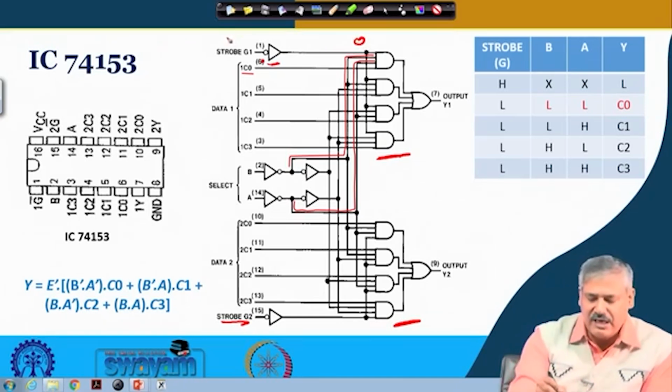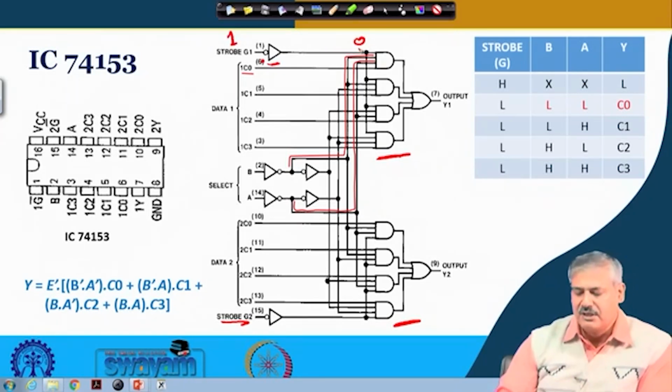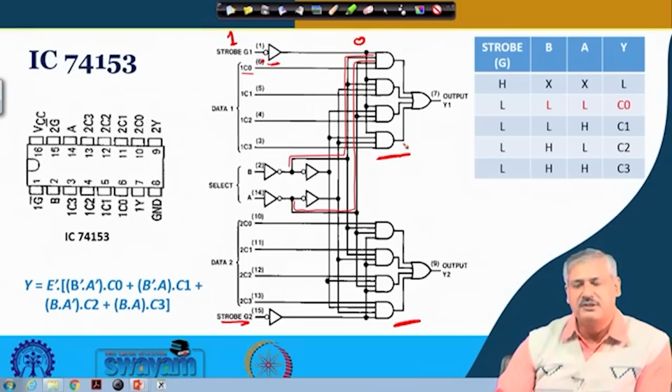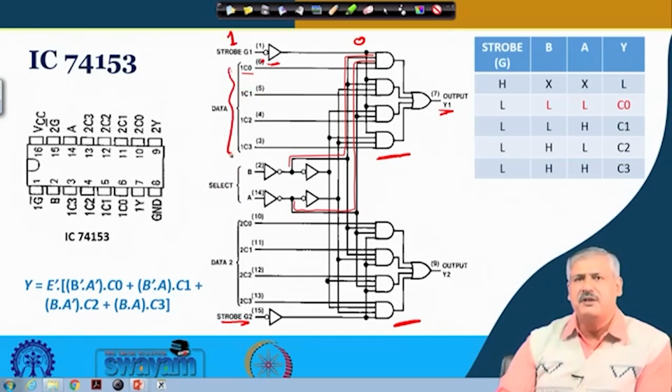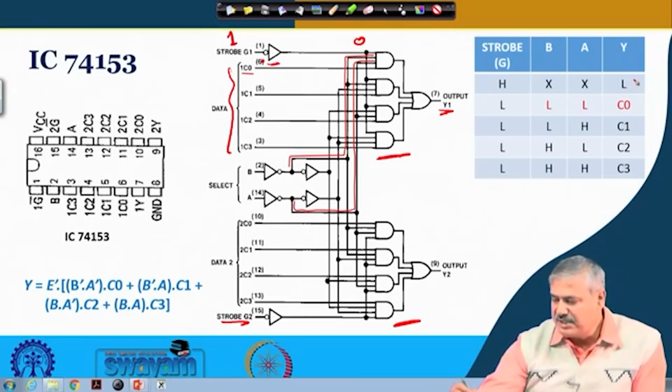If strobe is high, this output is 0. So, if this is 0 for all the AND gates, the output of each of them is 0. So, the final output Y1 will be 0 only, that is low, irrespective of the value of B and A and the data inputs. The output will be low. That is what you see over here.